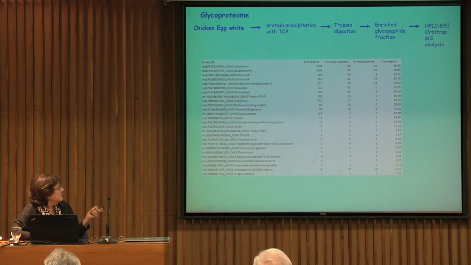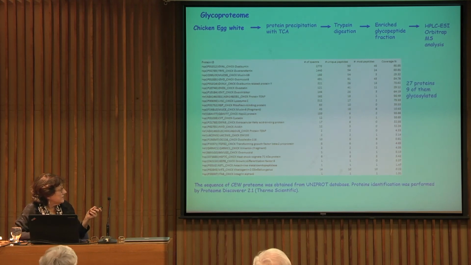And in this case, we could detect in the whole glycoproteome 27 proteins, but 9 of them were glycosylated. And the sequence of the chicken egg white was taken from the UniProt database, and the proteins were identified by Protein Discoverer.